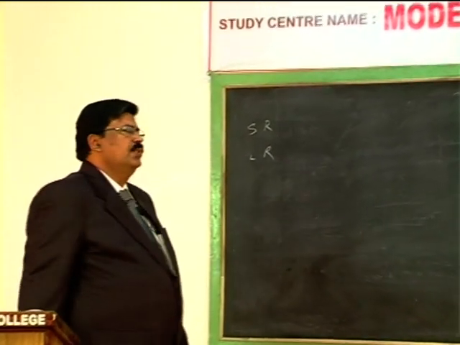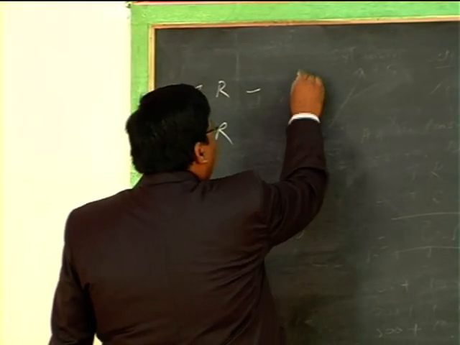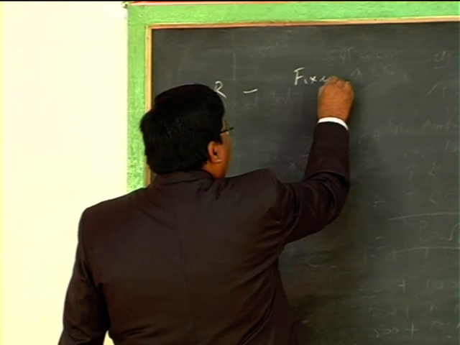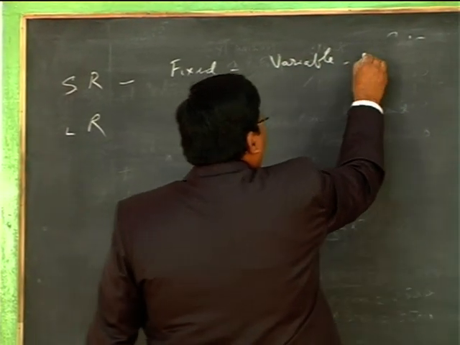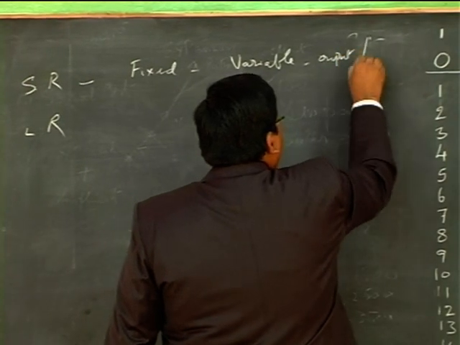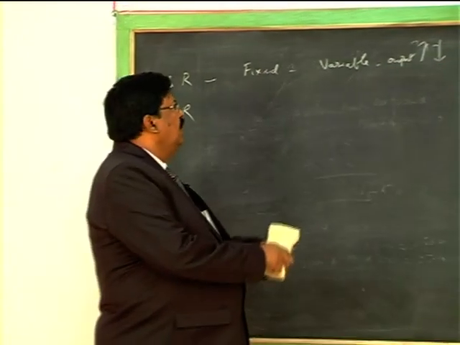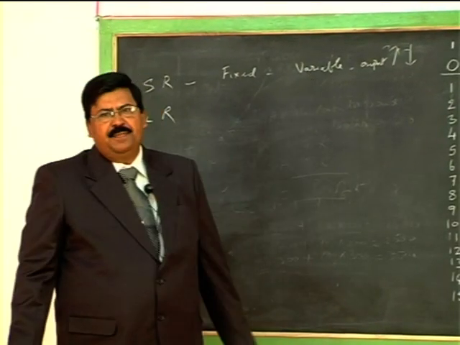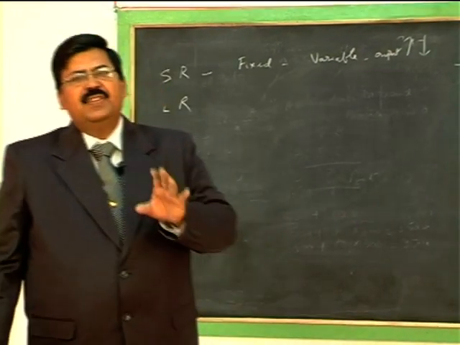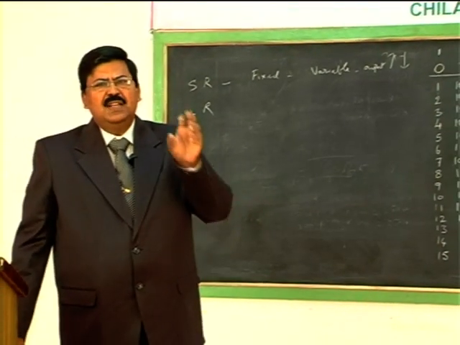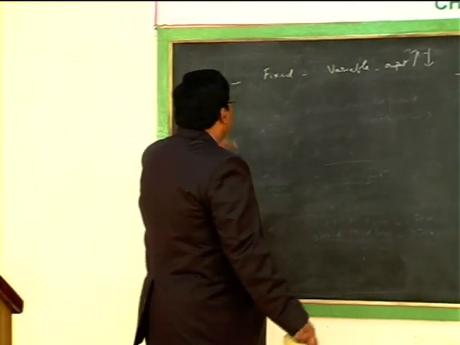Short run refers to that period of time during which some inputs are fixed and some inputs are variable, and output adjustments, either increase or decrease, are possible only through variable input usage. So that time period is known as short run. It is not a fixed calendar period. So what is the minimum period of time required to change certain inputs? That is called short run.